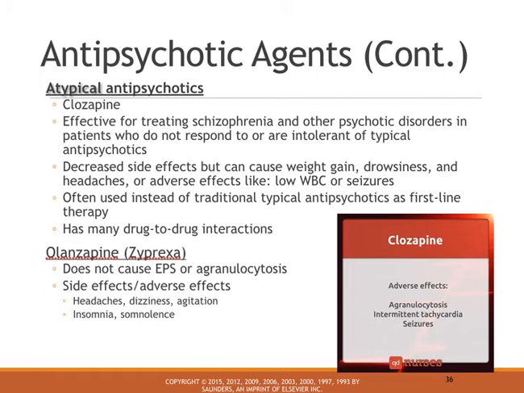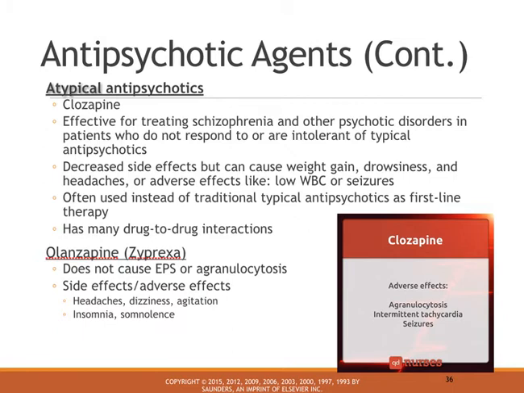The two big ones that I want you to focus in on for this slide are clozapine and Zyprexa. Clozapine has fewer side effects, but it can cause weight gain, drowsiness, and headaches. It's often used instead of typical antipsychotics like Haldol because it has fewer side effects.